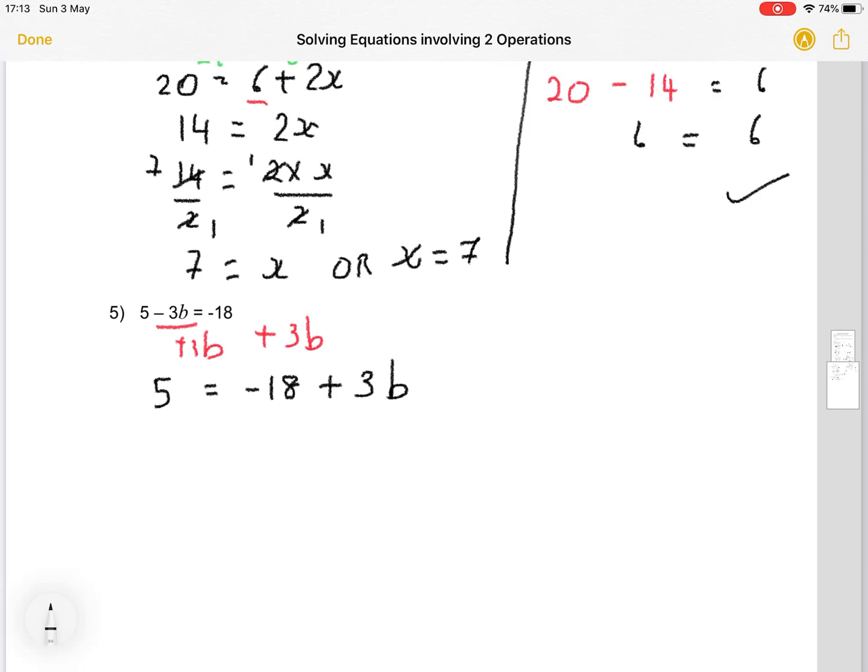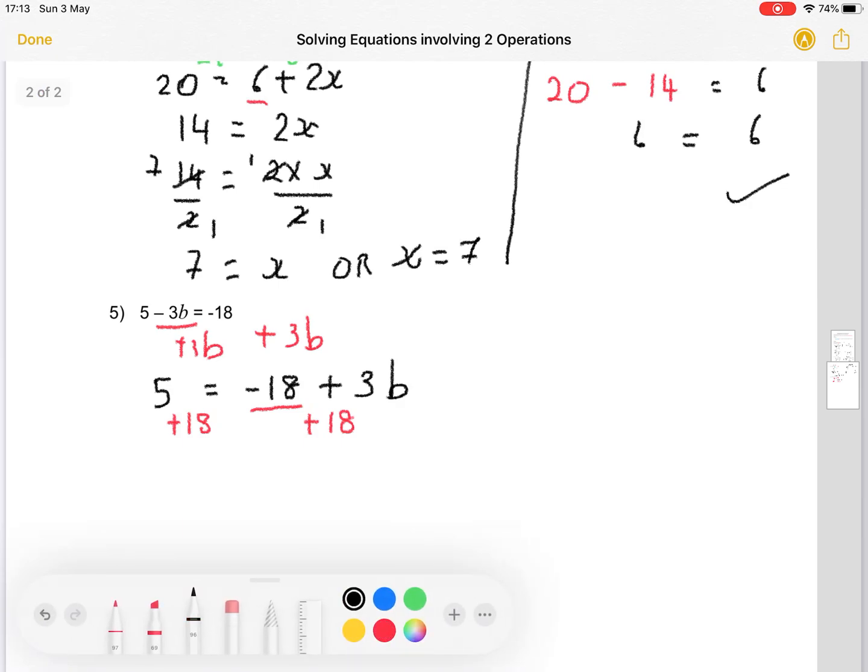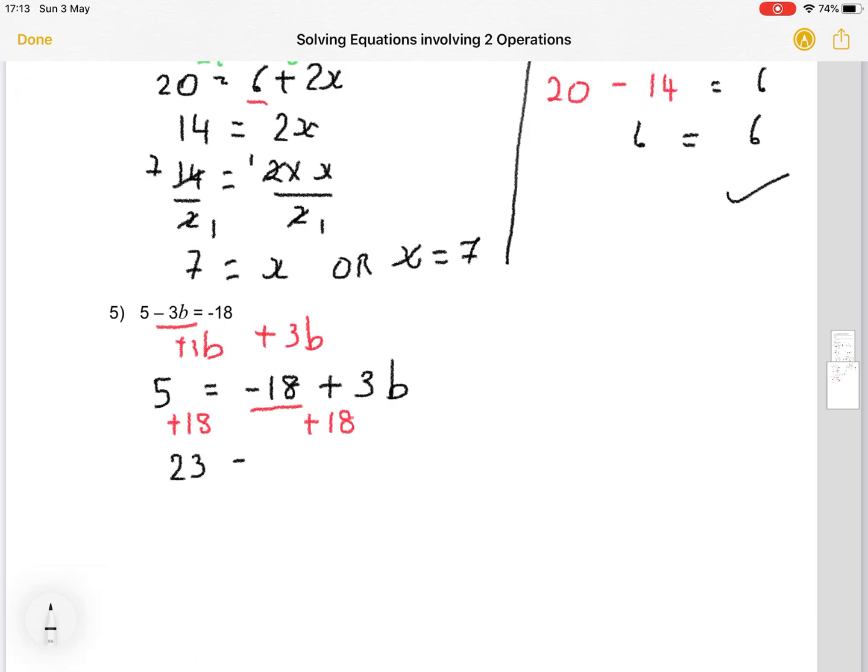To remain with 3b only, we must remove the negative 18. To remove the negative 18, we need to add 18 to both sides. Now, 5 plus 18 on the left-hand side, it's 23, equals, on the right-hand side, we end up with 3b.